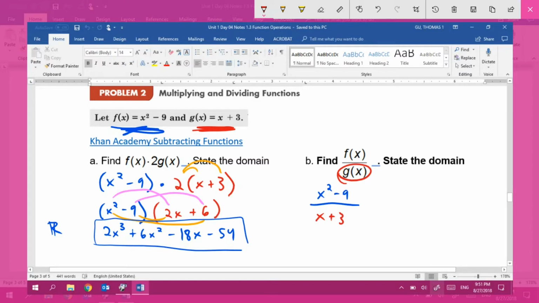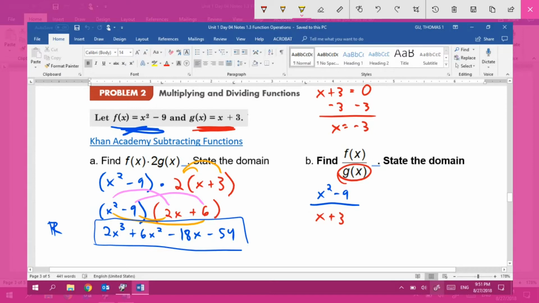So what we're going to do is take g of x, x plus 3, and set that equal to 0. When I solve for x, this is going to tell me what x can't be. So I'm going to subtract 3 from both sides, and we see x equals negative 3. If x equals negative 3, then this bottom value, g of x, is going to be 0. And we cannot have that because we cannot divide by 0.